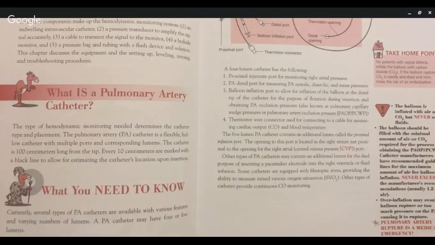Three, a balloon inflation port to allow for inflation of the balloon at the distal tip of the catheter for the purpose of flotation during insertion and obtaining PA occlusion pressures, also known as pulmonary capillary wedge pressures or pulmonary artery occlusion pressures.